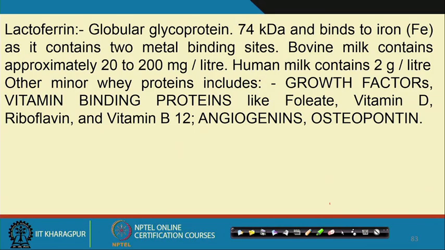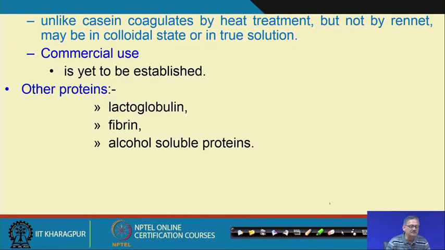After that, let us look at it: unlike casein, whey protein coagulates by heat treatment, but not by rennet, right. Casein is coagulated by renin or rennet, an enzyme available in the stomach of the calf, right.